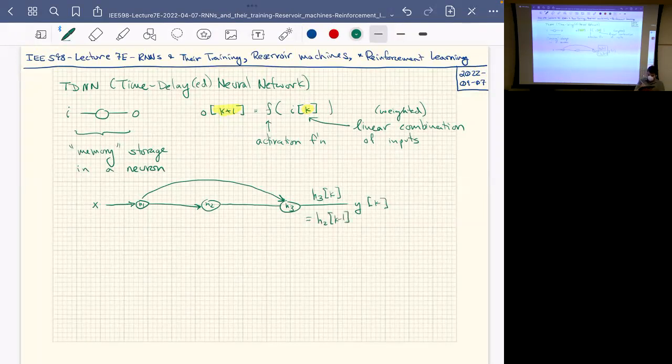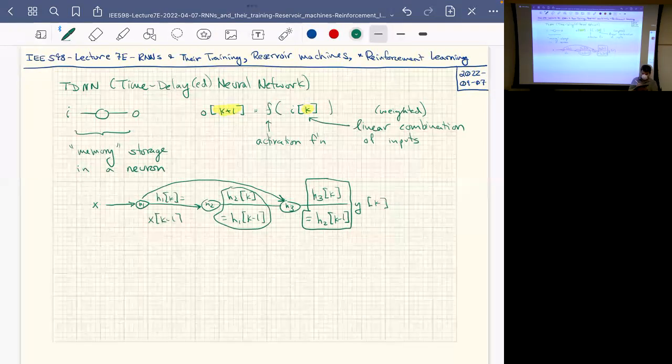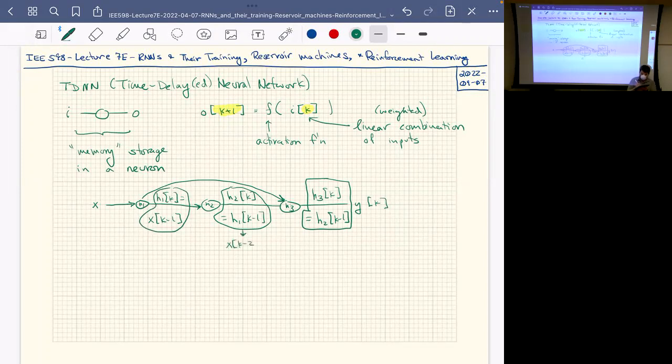H2 of k is equal to whatever H1 of k minus 1 previously was, and H1 of k is equal to whatever x of k minus 1 previously was. If I extend each one of these and go forward, I see that this middle node is actually x of k minus 2.